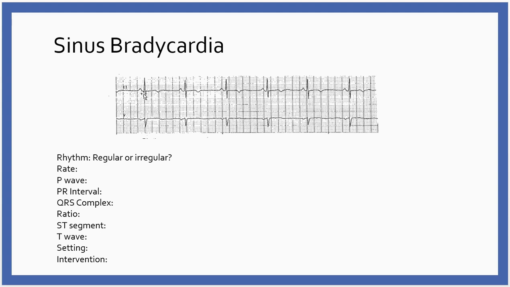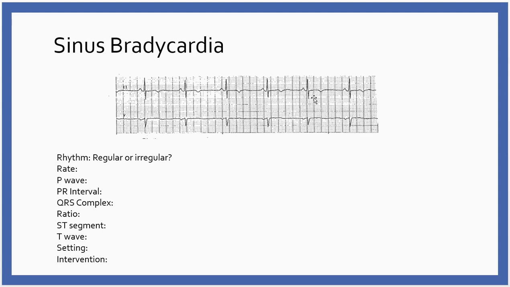I have to measure from the beginning of the QRS, which is right there, to the end of the T wave, which looks like it's right about there. Okay, see if I can find one that lines up a little bit better. Okay, here we go. Because I don't have a piece of paper, I can't take a piece of paper up on the screen for you. This QRS starts at one of the dark lines. And so here's the beginning of my QT interval.